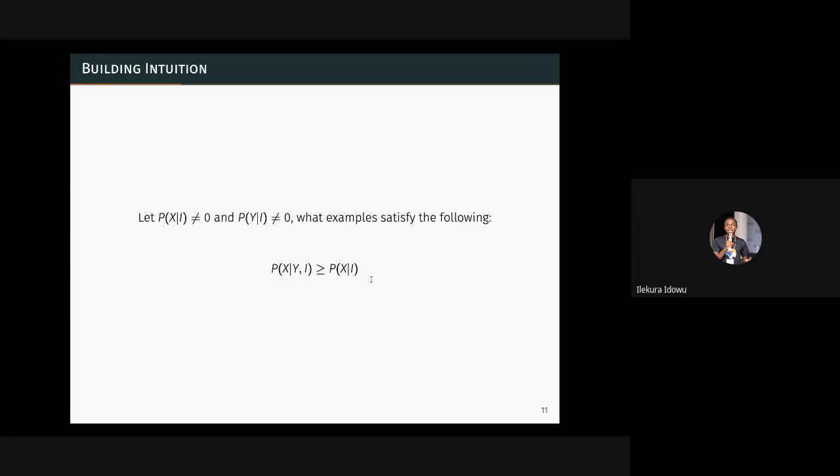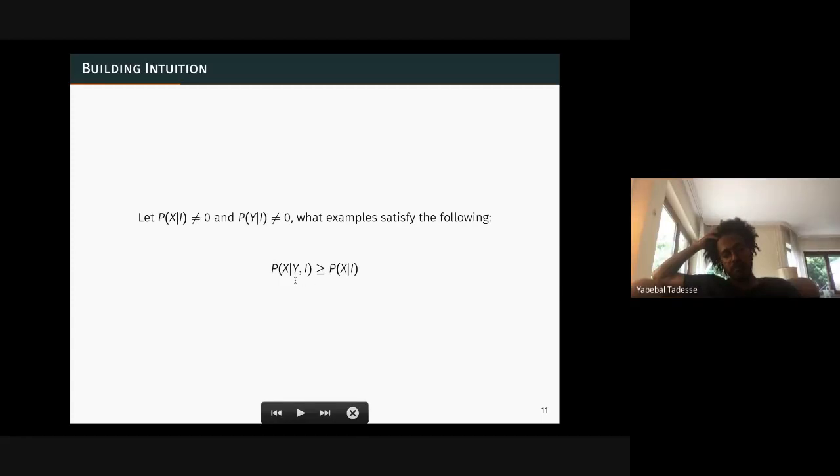The probability of X given Y and L is greater than the probability of X given L. Great, that's correct. But who can go further and interpret it with an example?